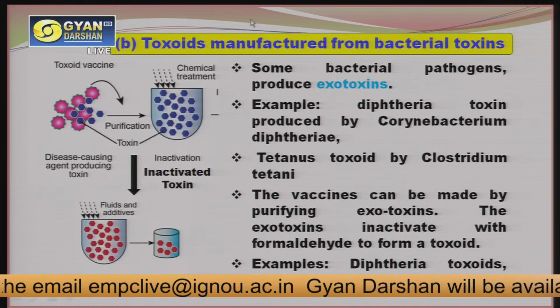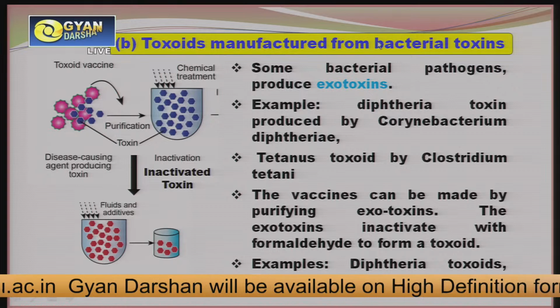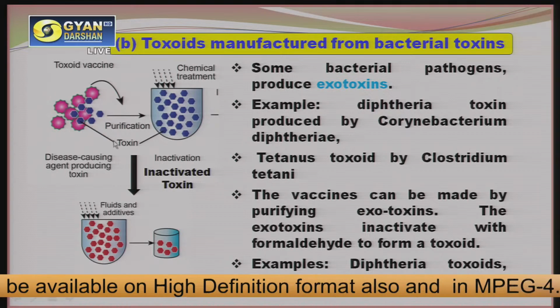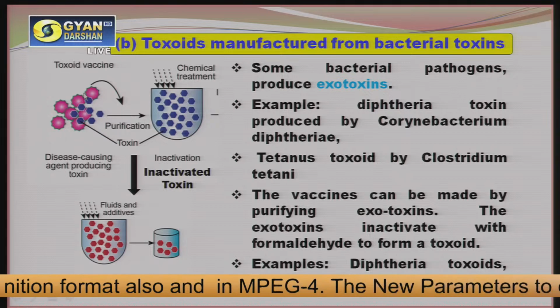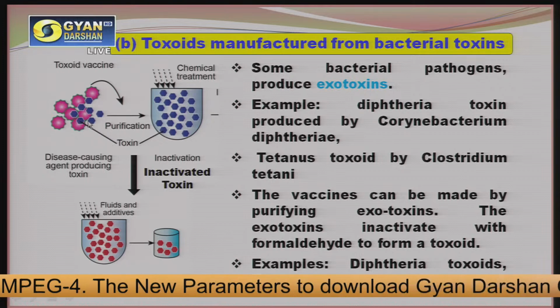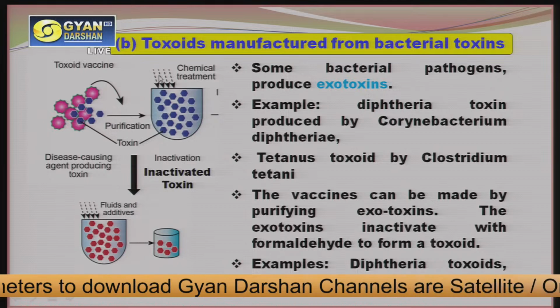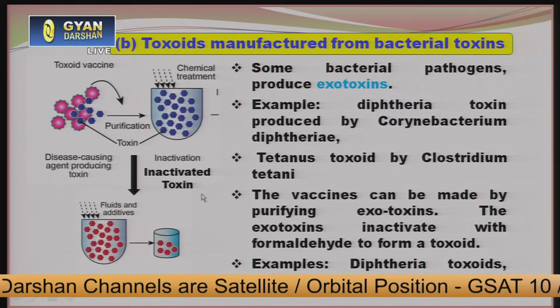Another is the toxoid manufactured from the bacterial toxin, which we can utilize as a vaccine. You can see here the toxoid vaccines. Basically, you can purify the various toxins, and with chemical treatment you get the inactivated toxins.